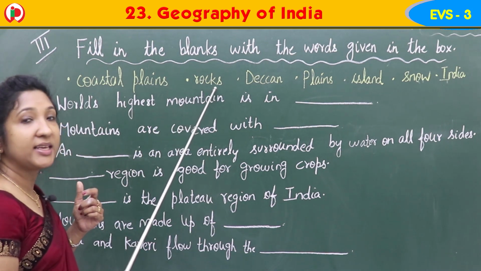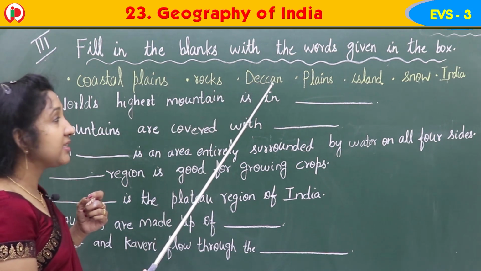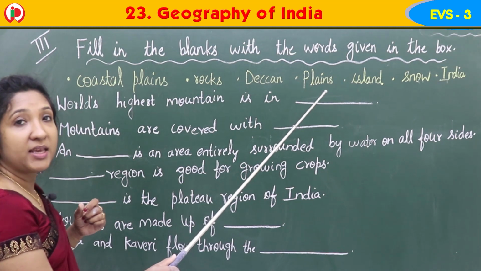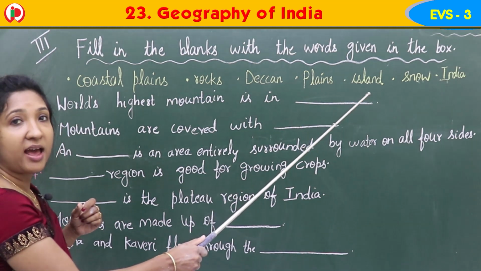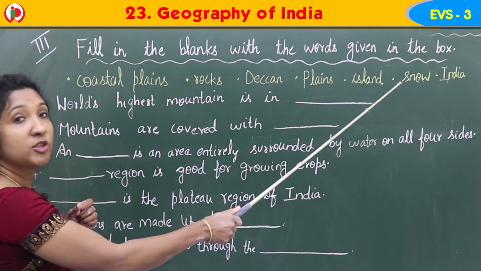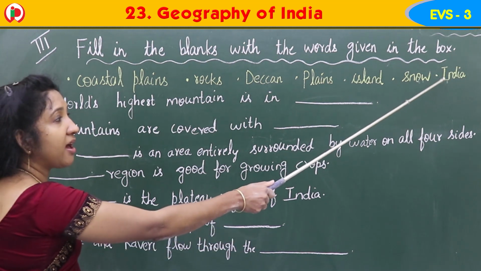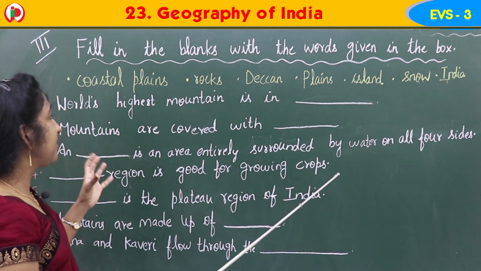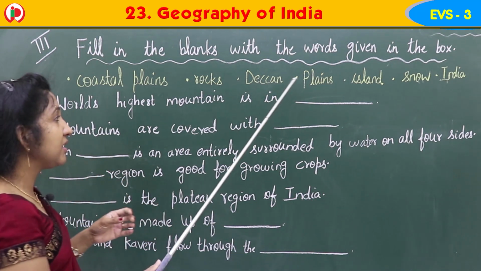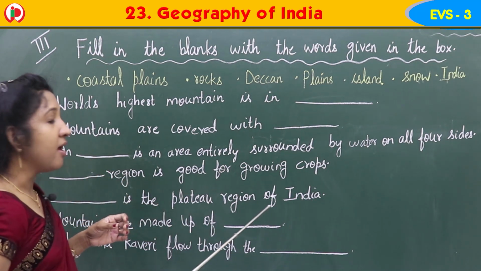Rocks, R-O-C-K-S. Deccan, D-E-C-C-A-N. Plains, P-L-A-I-N-S. Island, I-S-L-A-N-D. Snow, S-N-O-W. India, I-N-D-I-A. So these are the words given in the box. Using these words you have to fill in the blanks.